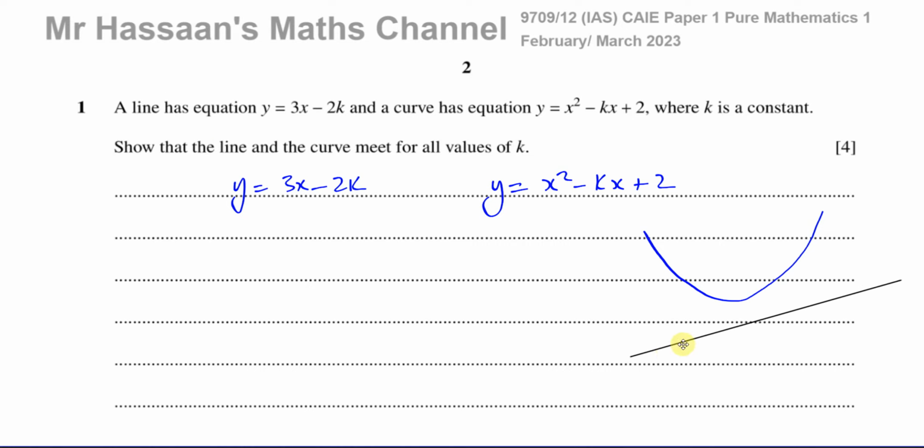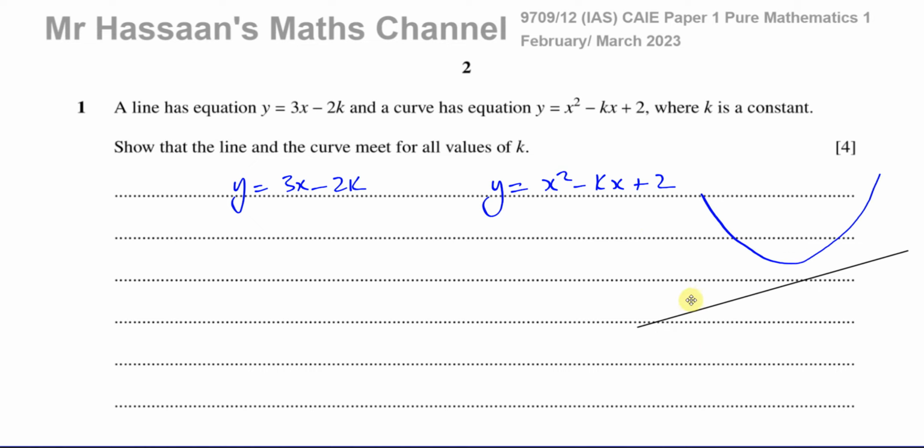Either they don't intersect at all, or the line is a tangent to the curve, so they meet at one point only, or alternatively they intersect in 2 places. So showing that the line and the curve meet for all values of k means they either meet once or meet twice, but it wouldn't include them not meeting at all. Those are the 3 scenarios. I'll keep this here for later.